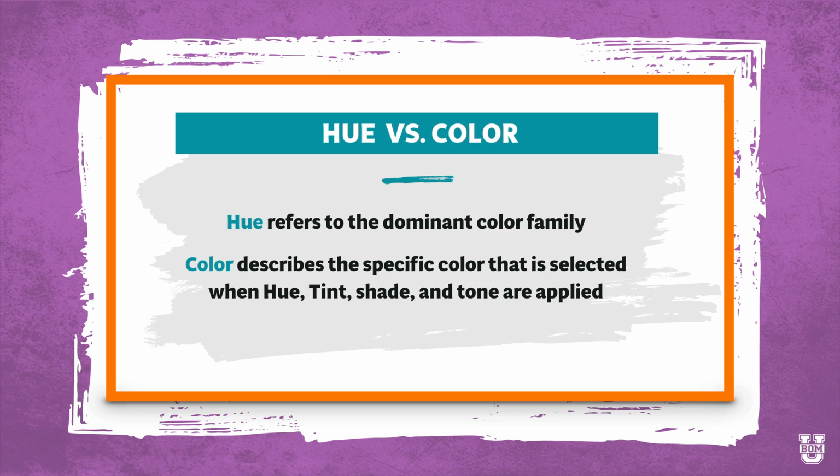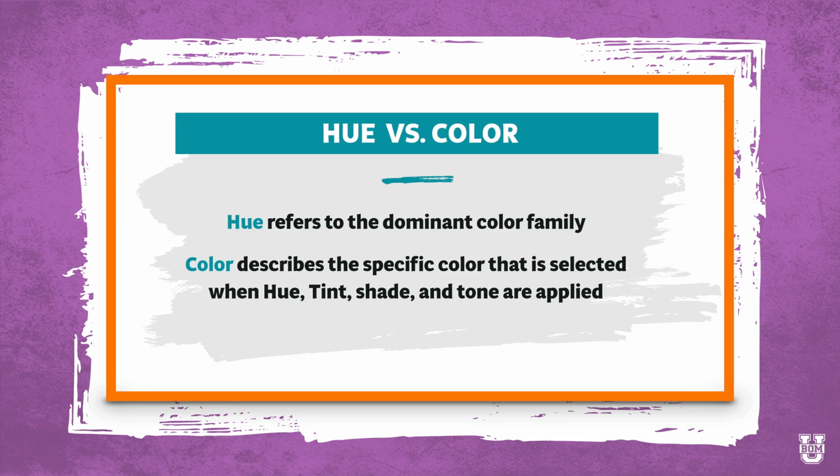One note here, and this is more of a semantic issue, is the difference between hue and color. Hue refers to the dominant color family. When I showed you that color wheel, you had your reds, your greens, your yellows, your purples, oranges, etc. But color describes the specific color that is selected. So when you take your hue, say a family of red, add some tints, whites, or shades, blacks, and different tones applied to that hue, you get the actual specific color.